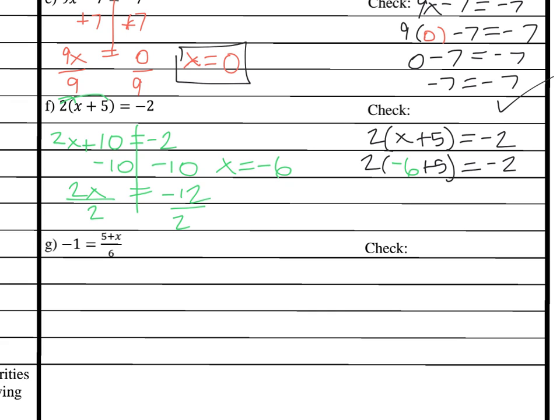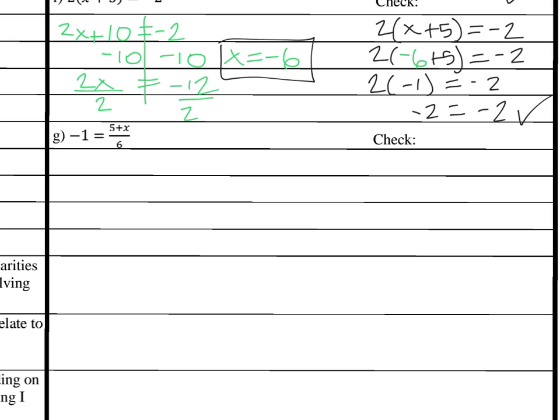Negative 6 plus 5 is negative 1. So 2 times negative 1 equals negative 2. And 2 times negative 1 is a negative 2. So negative 2 equals negative 2. We are correct. x equals negative 6.